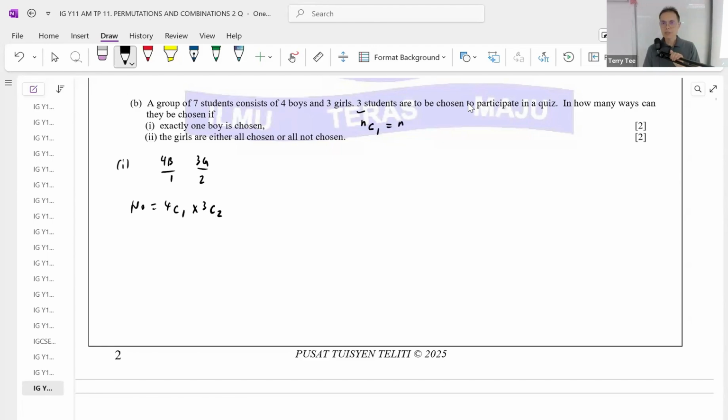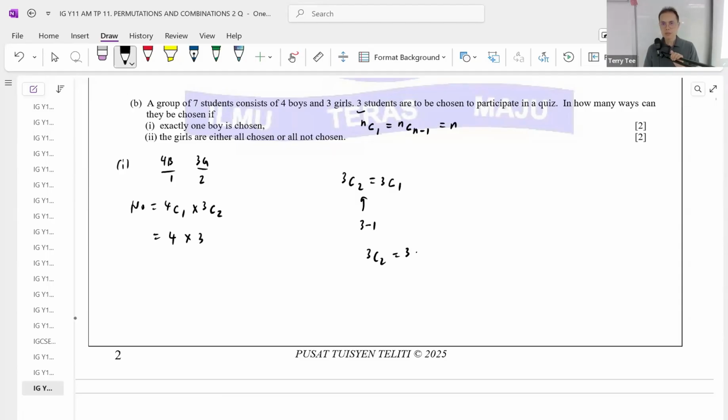nC1 is the same as nC(n minus 1). This is something you should know. And this is equal to n. So for example, 4C1 is just 4. 3C2 is just 3. No calculation is required because, why is 3C2 equal to 3? 3C2 is the same as 3C1 because 2 is the same as 3 minus 1.